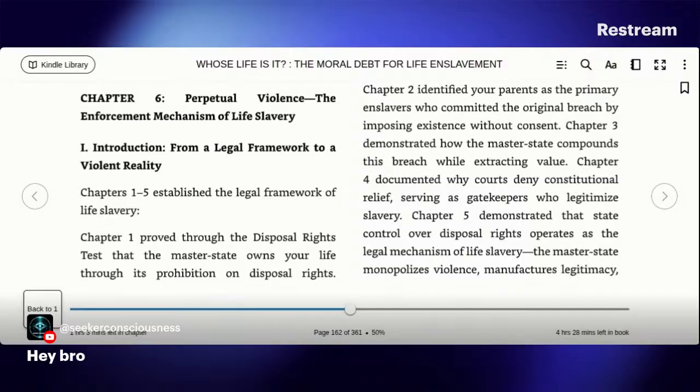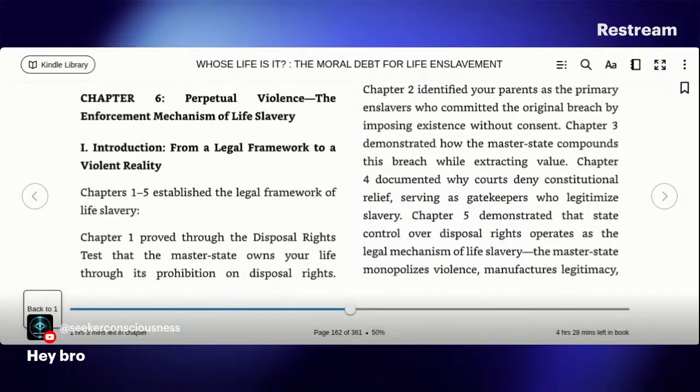Chapter 2 identifies your parents as the primary enslavers who committed the original breach by imposing existence without consent. Chapter 3 demonstrated how the master state compounds this breach while extracting value. Chapter 4 documented why courts deny constitutional relief, serving as gatekeepers who legitimize slavery. Chapter 5 demonstrated that state control over disposal rights operates as the legal mechanism of life slavery.